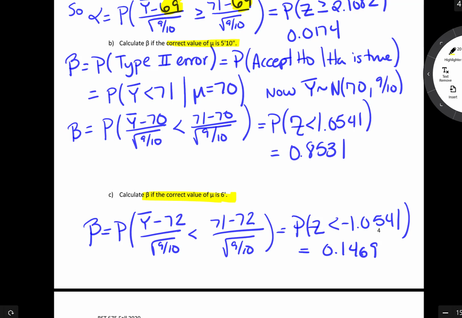And we end up with a much better probability. So if the true value of the parameter is further out in the alternative compared to the null, your value of beta shrinks. Okay, we're going to look at a picture of why that is true.